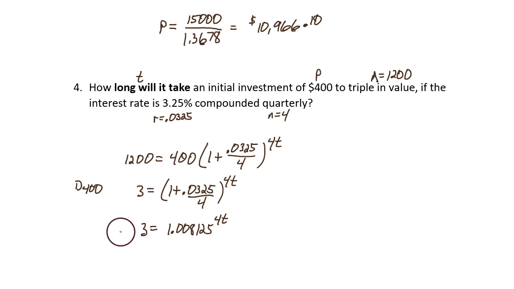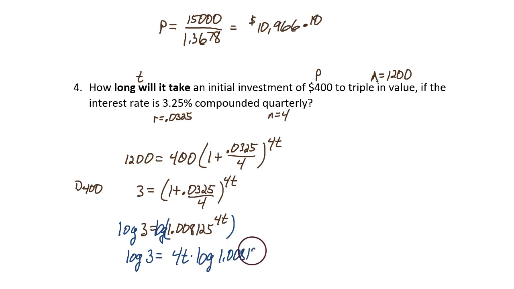Take the logarithm of both sides of the equation. Do the log of the left side and do the log of the right side. We have log 3 is equal to 4t times the log of 1.008125.